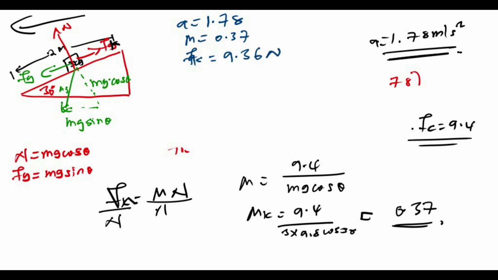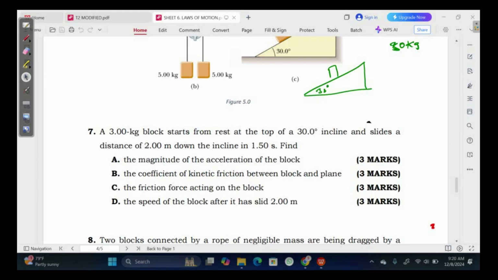So now we want to find the last one. The last one is the speed of the block after it has slid 2 meters. So they want us to find the final speed.